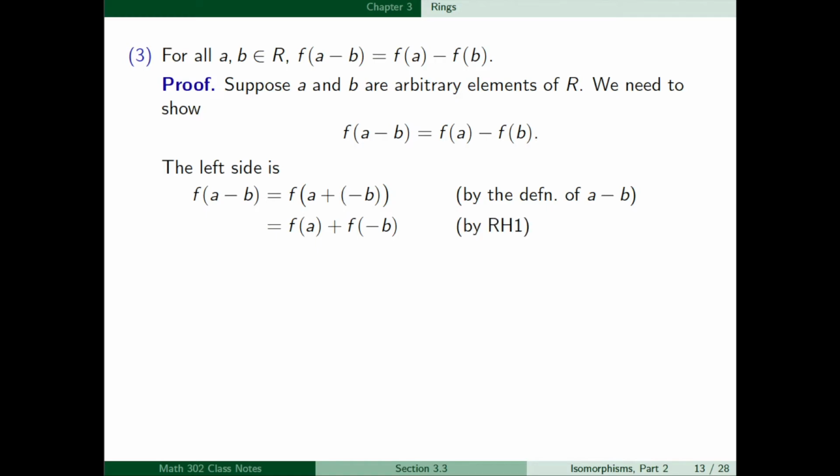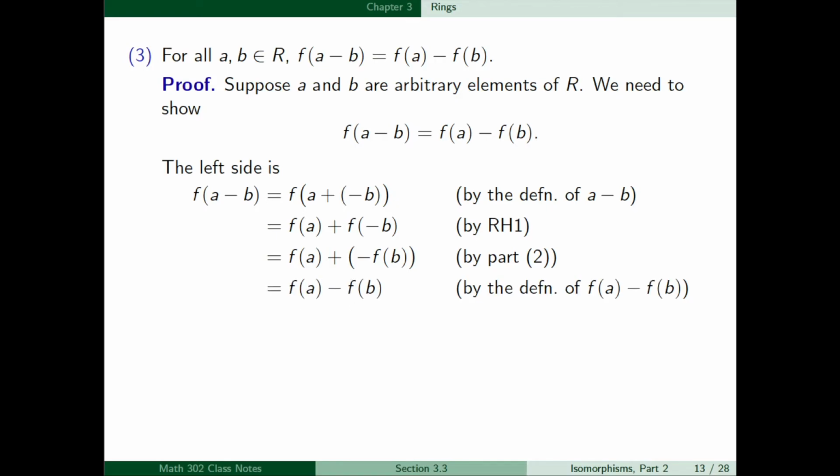That's by RH1, the preservation of addition. And this is equal to f of a plus minus f of b. That's by part 2 of the theorem. And this is f of a minus f of b. That's by the definition of subtraction in S. And so therefore f of a minus b is equal to f of a minus f of b, and this proves 3.